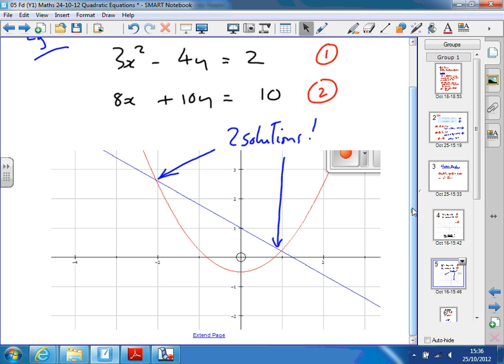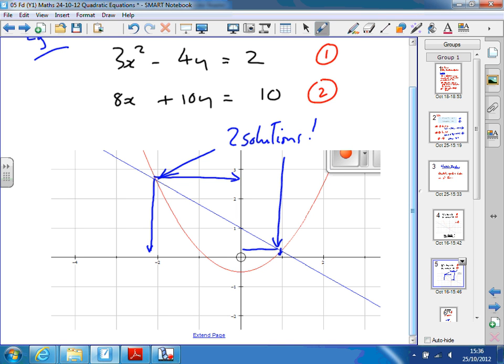In this one, x is roughly 0.9, something like that, and y is around about 0.3, 0.4, and over this side, x is roughly minus 2.1, something like that, and y is roughly 2.7.